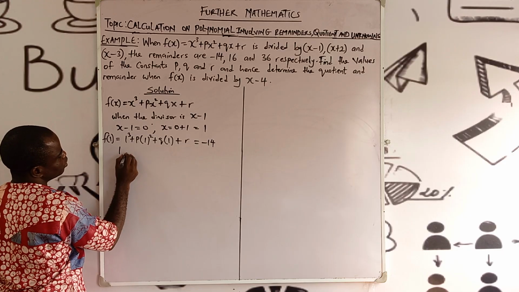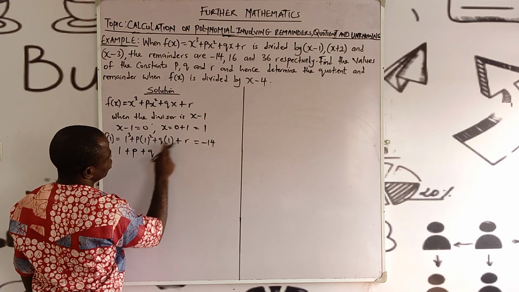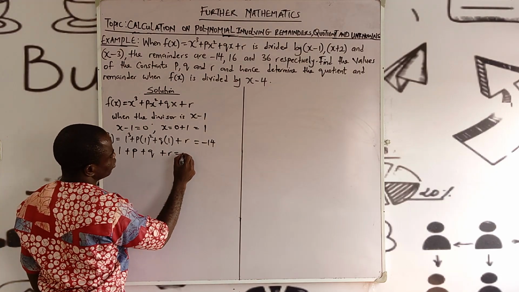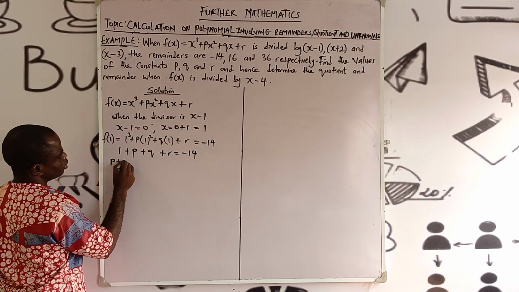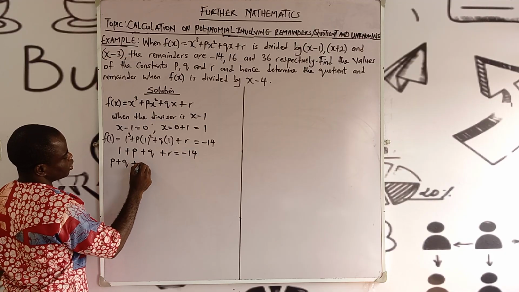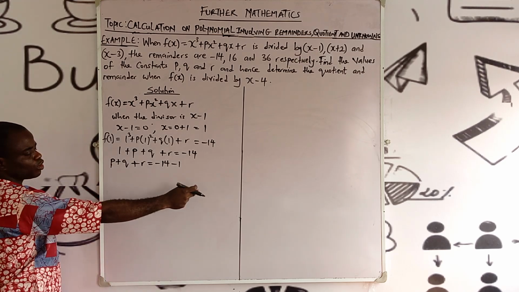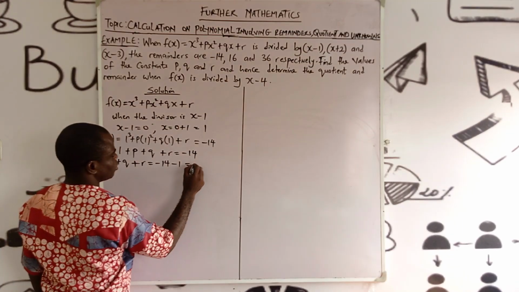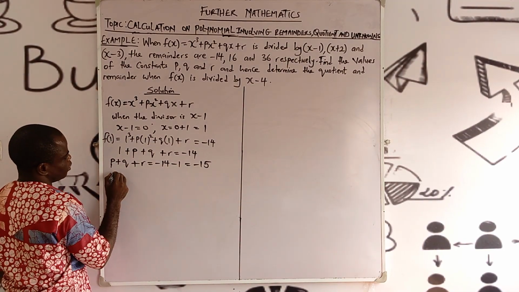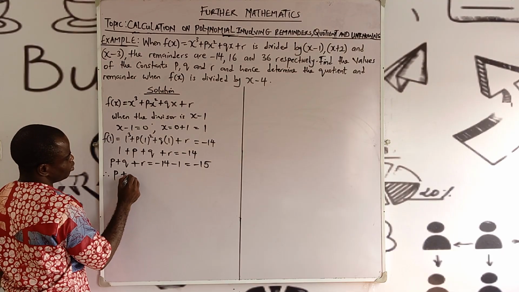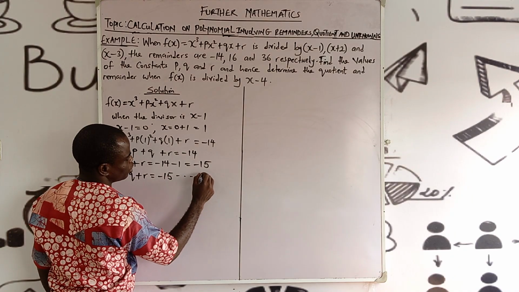Now 1 cube is 1, plus p, plus q, plus r equals minus 14. Let's collect the items. p plus q plus r equals minus 14 minus 1, which is minus 15. Therefore p plus q plus r equals minus 15. Our equation 1.